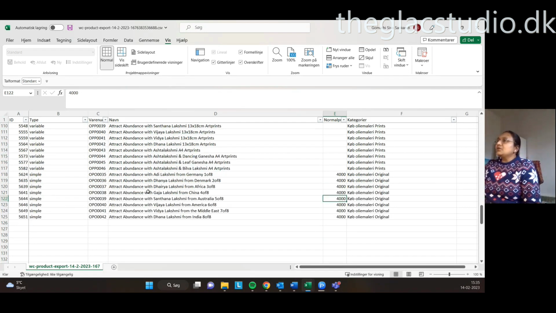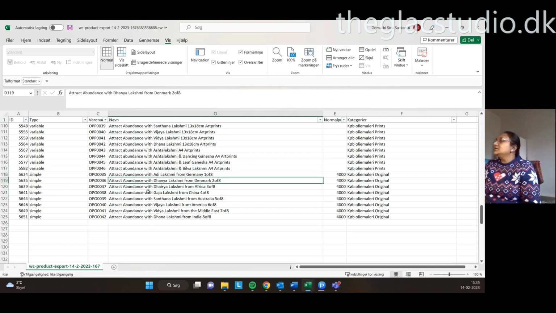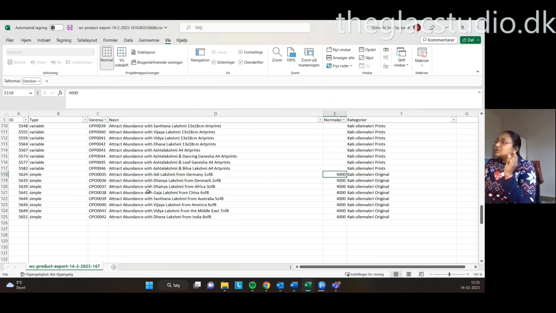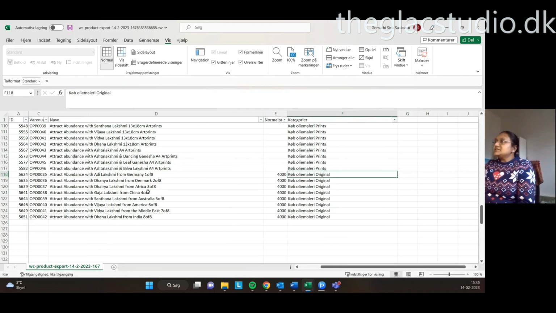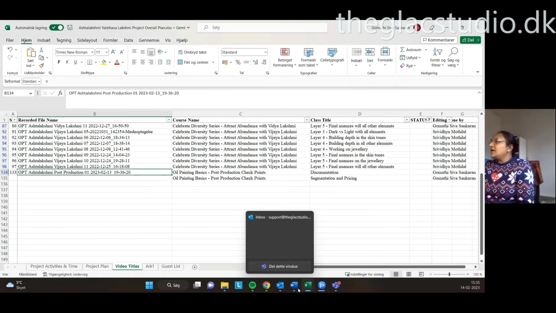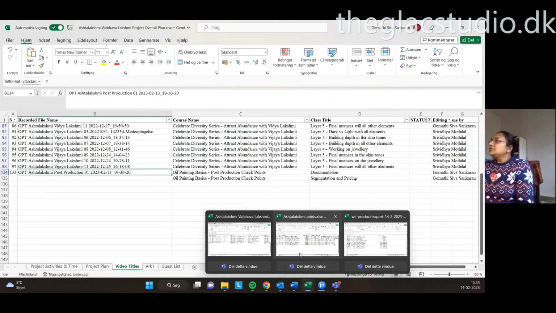This is the original product line that you saw, the Attract Abundance series of 8 girls. The original price, you saw, is 5,000 DKK, and I say the normal price is 4,000. I'll explain the detailing. So that is the original pricing, and there is pricing for the prints that you saw, and there are many things that go behind that, and I'm going to take you through that also.